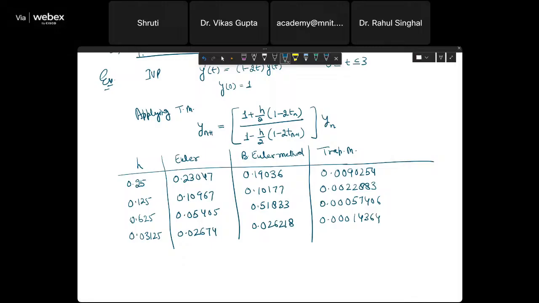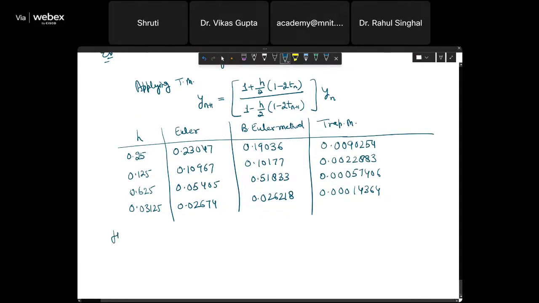Okay, so the trapezoidal method is giving much better accuracy, very little error is involved here. So this is much more accurate than Euler method and backward Euler method. And also we can note that here half the step size leads to about a quarter of the error. Okay, and that is what we are expecting with second order accurate methods.